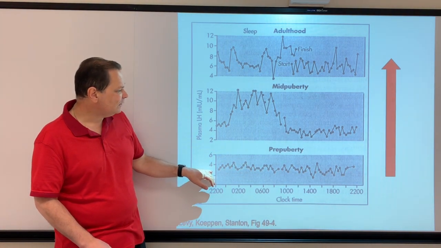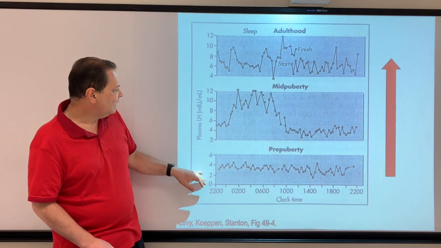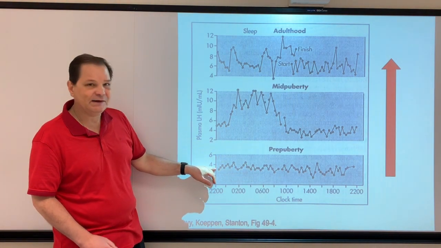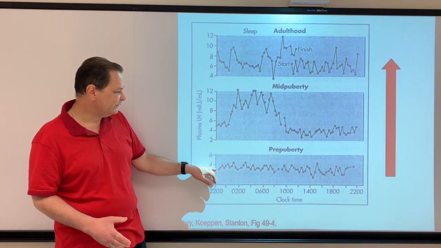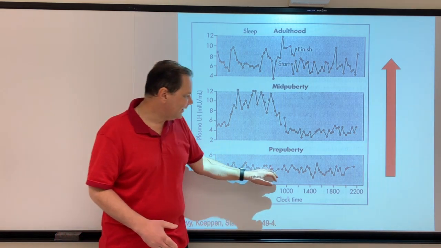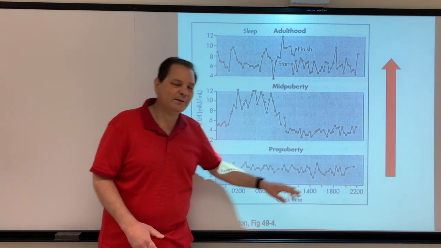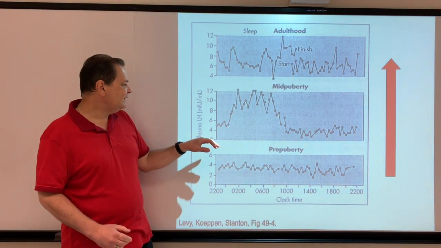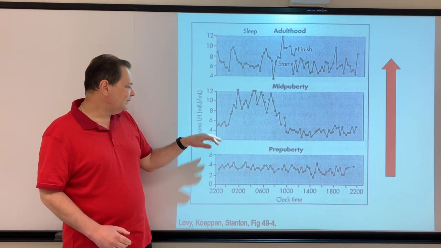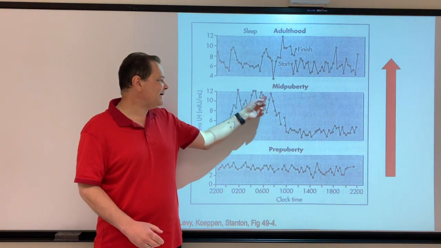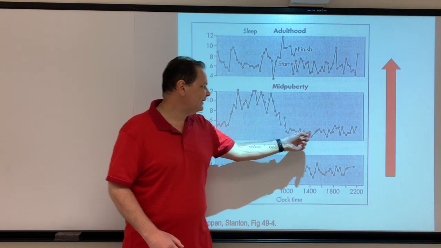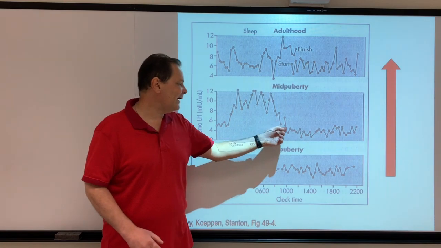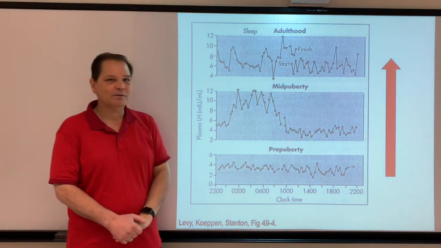Pre-puberty, if you look at plasma LH, one of your gonadotropins, it's at a relatively low level during childhood, pre-puberty, and it's relatively steady, okay? But then, during puberty, you hit this phase where you get peaks at night, and then during the day it declines back to a smaller level.